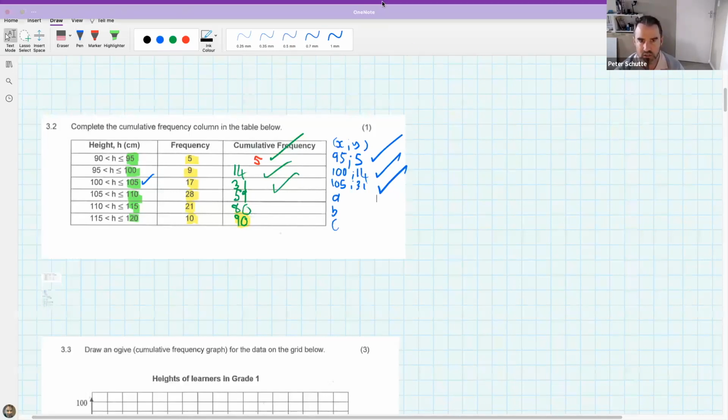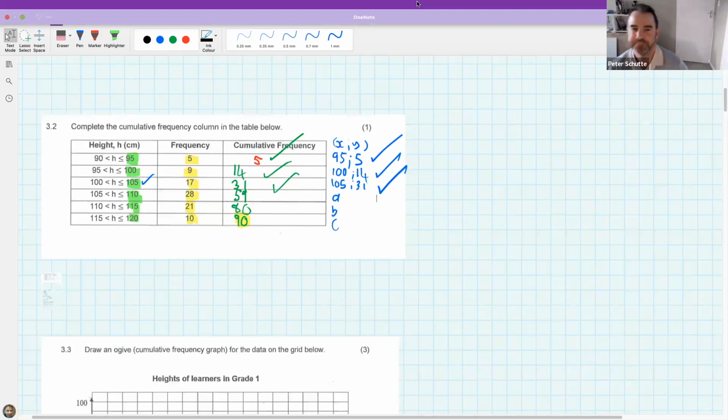And then Tando, hey, how's it going? I'm good, and you? Very good. How can I help? So this one, you don't need to first find the midpoint. Aha. No, you don't. So this is very good. I'm so glad you raised that. The midpoint, you find the midpoint for the frequency polygon.